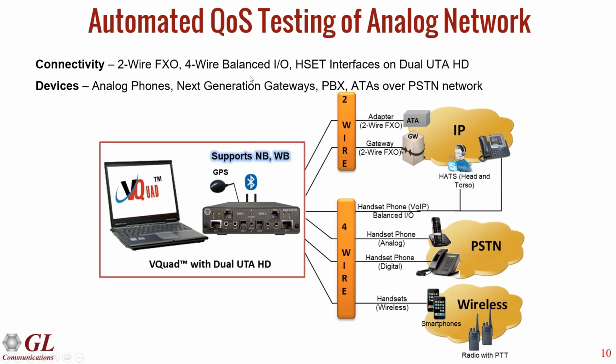So full, complete testing of the analog network. That's 2-wire, 4-wire analog. Again, we're just a headset, so once the communication is established between the 2 points, we can send and receive audio. So all that is available.